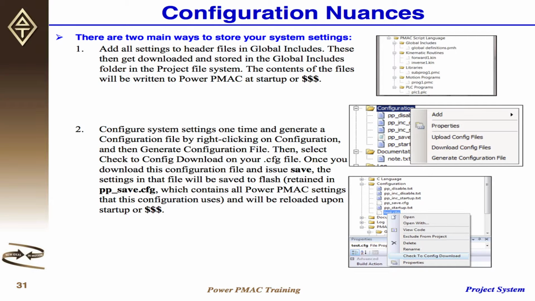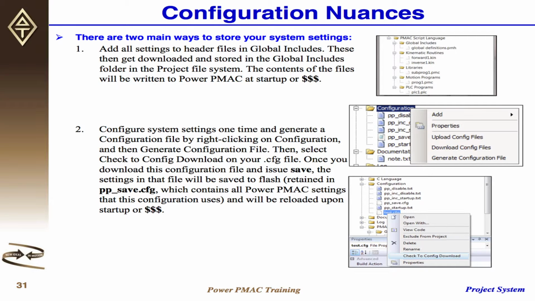I would strongly recommend not keeping your static Power PMAC configurations in global header files. I would always recommend keeping your Power PMAC configurations in the configuration folder. That was the design of the IDE, to keep your static Power PMAC configuration in the configuration folder.